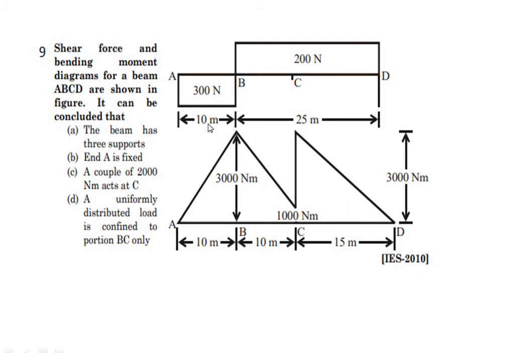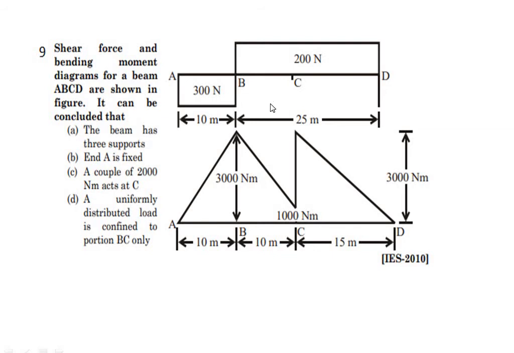If option A has to be correct, the only thing is you are going to have only the bending moment here, right? All the other 3 have to be reactions. There is no external loading. All the 3 have to be reactions. Only this is the external loading, only the couple is the external loading, right?